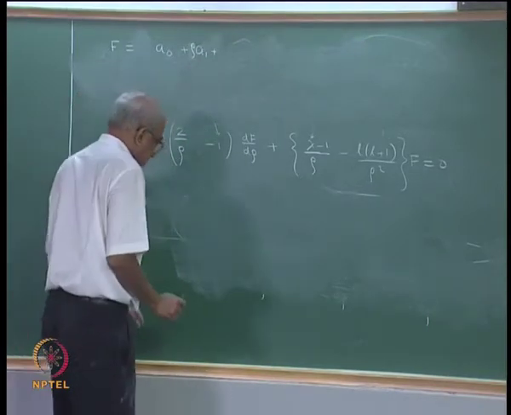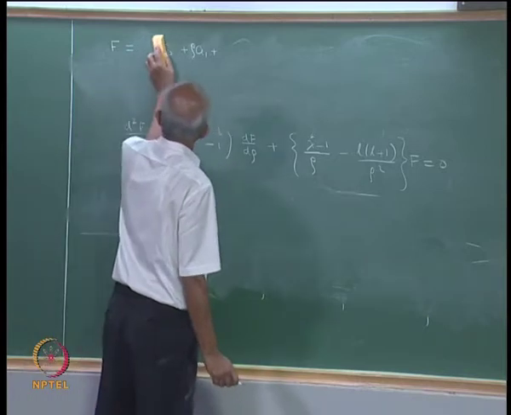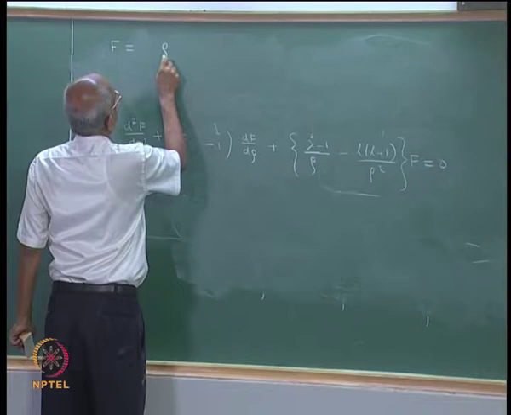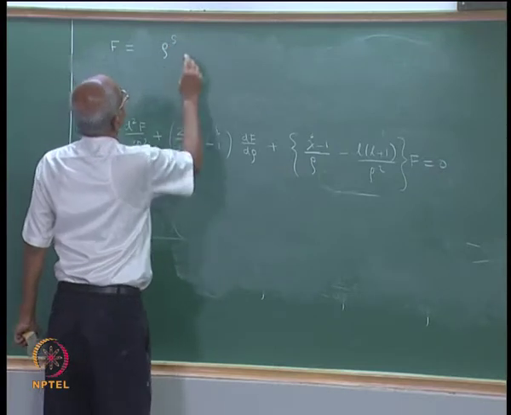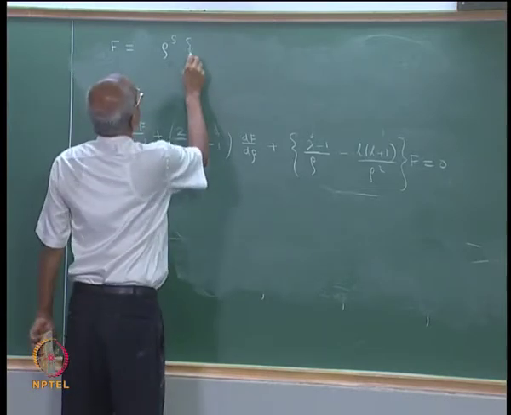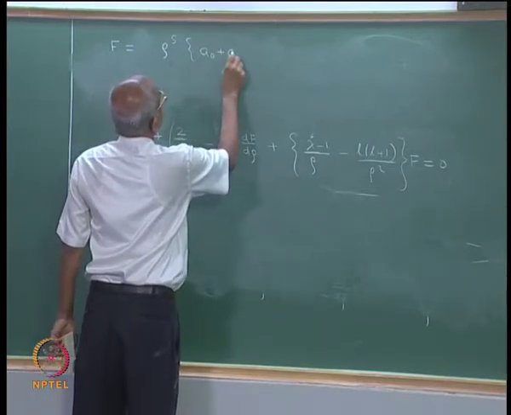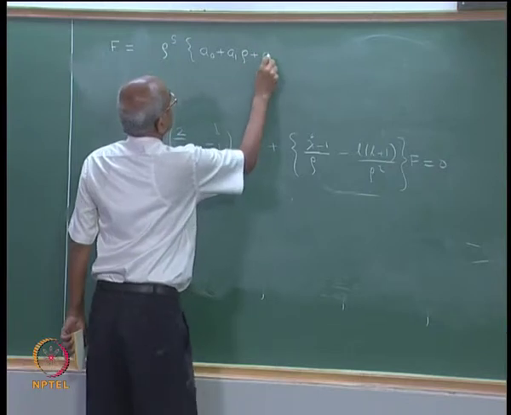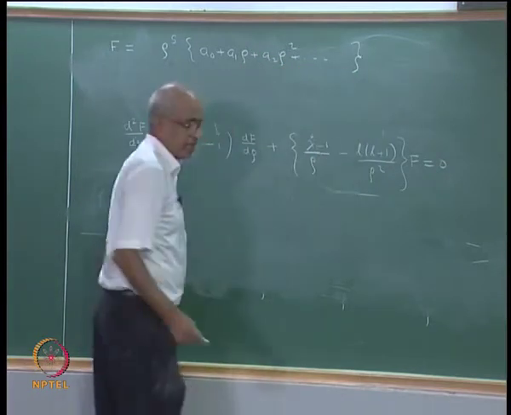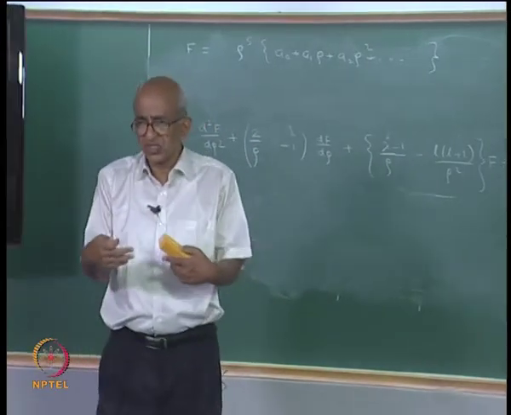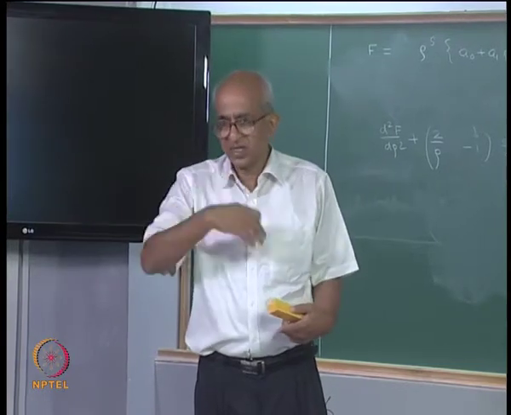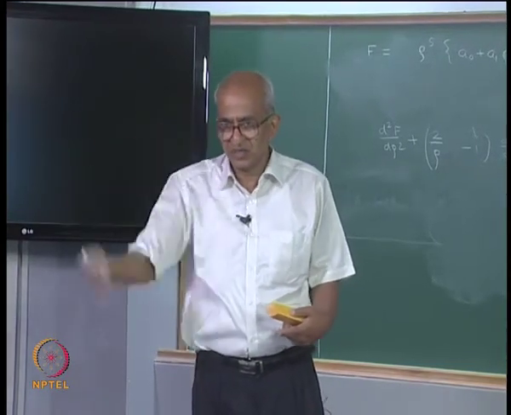But that is not exactly what I will do. I will think of a more general power series, where I will say that it may be of the form rho to the power of s, s is undetermined yet, into A0 plus A1 rho plus A2 rho square plus etcetera. You will agree that this is a little bit more general than what we were doing earlier, because if you put s equal to 0, you will get the earlier kind of things that we were doing.